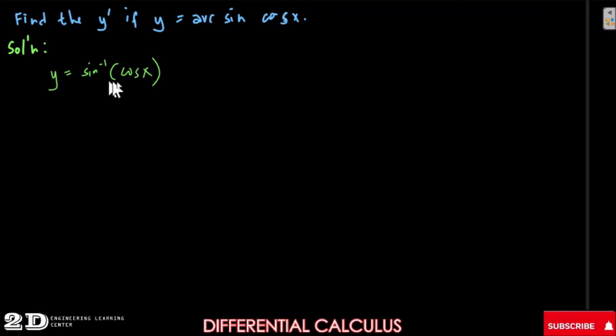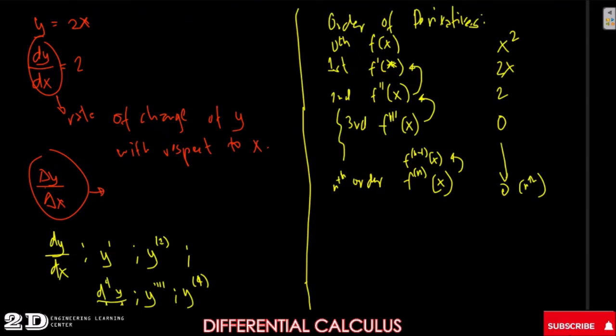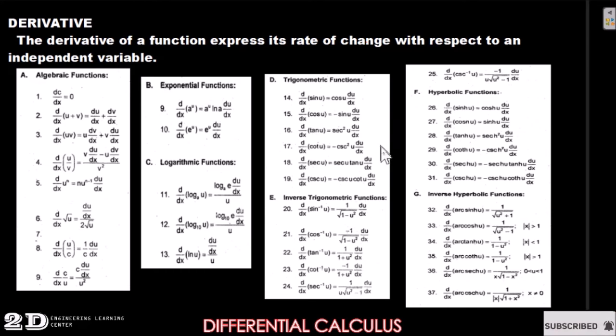We will try to first see what is the formula for the derivative of this one. So that is inverse trigonometric, so sine.